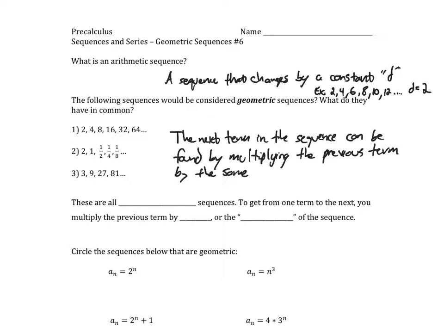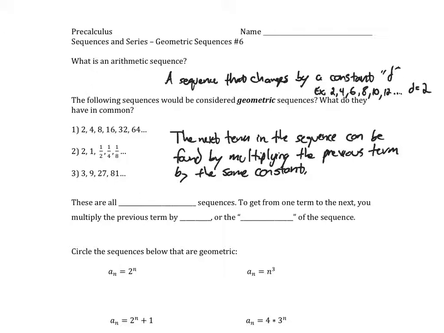Now notice how that's different than arithmetic. We weren't multiplying the previous term when we were doing arithmetic, we were adding to the previous term. Here in these 3, we are multiplying the previous term by something. It's the same number each time, but we're still multiplying.